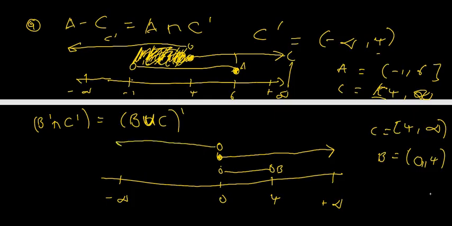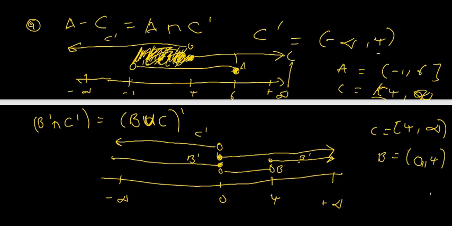Again, B will be this part all the way to there, which will be included, since on the B it is not included. Then another part will be included from there all the way to that. So this one will be our B complement, and this one too will be our B complement.